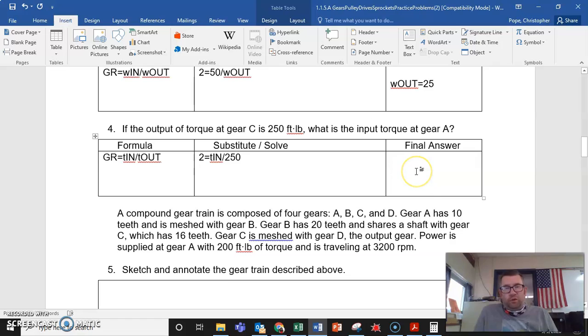So our 250 of the out gear times our gear ratio gives our in gear. So torque in this case is going to equal 500 foot-pounds. Okay, so that's how you do a simple gear train.